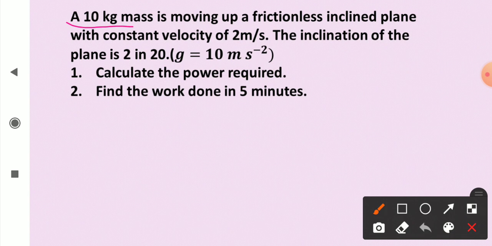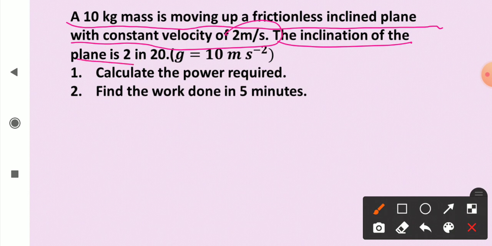So let's see what it is. A 10 kilogram mass is moving up a frictionless inclined plane with a constant velocity of 2 meter per second. The inclination of the plane is 2 in 20. Acceleration due to gravity is given. You have to calculate the power required, and you have to find out the work done in 5 minutes.